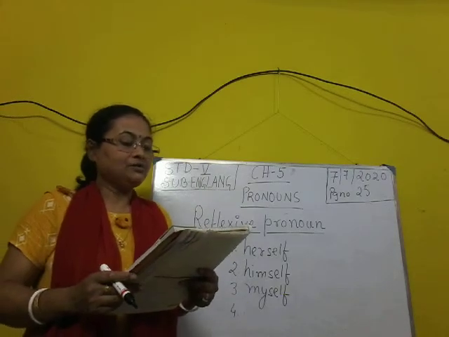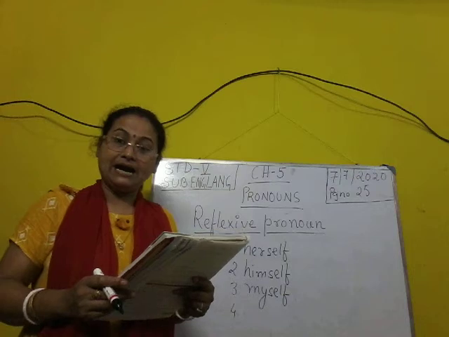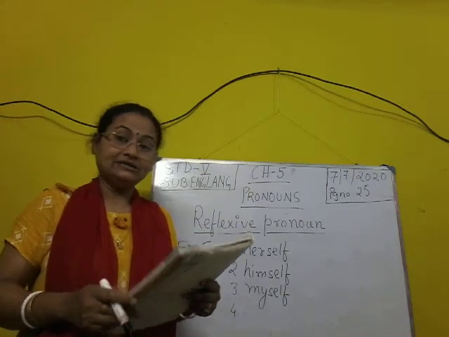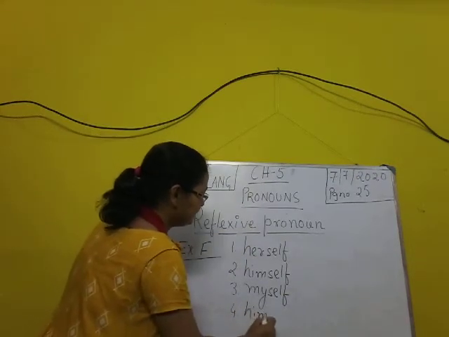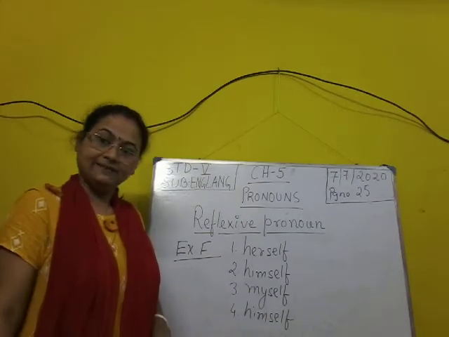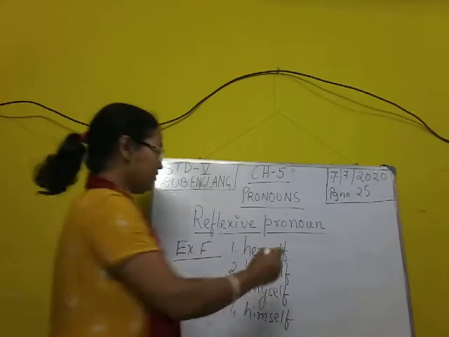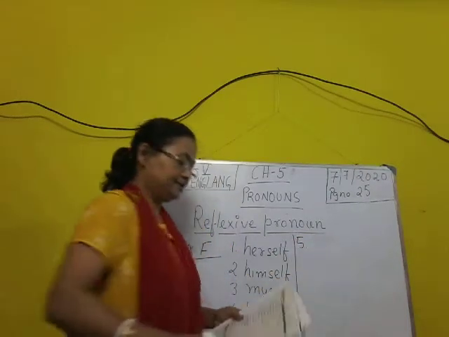Number 4. He could not understand the maths problems by blank. It is he, so himself. H-I-M-S-E-L-F, himself. Done? Now come to number 5. Read the sentence.